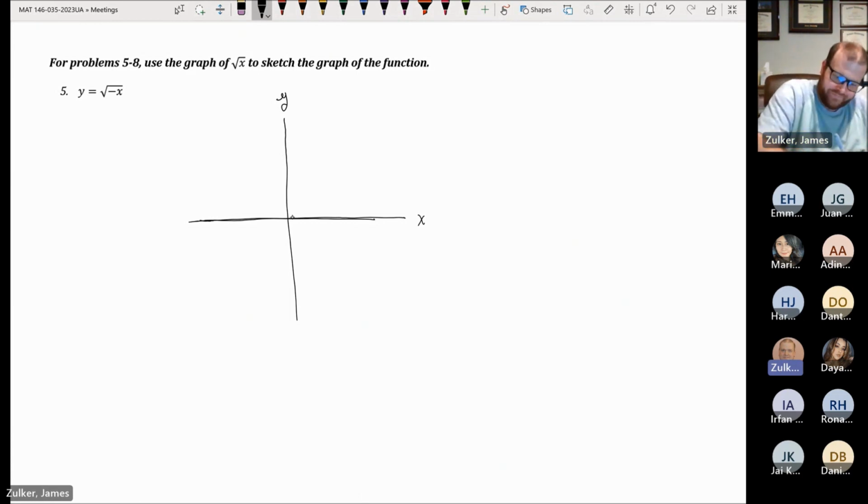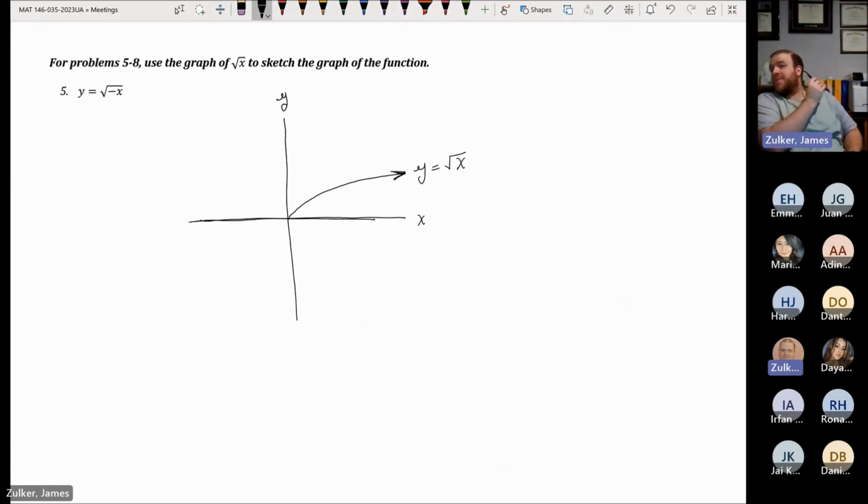So this is roughly what the square root of x looks like. So now we have the square root of negative x.